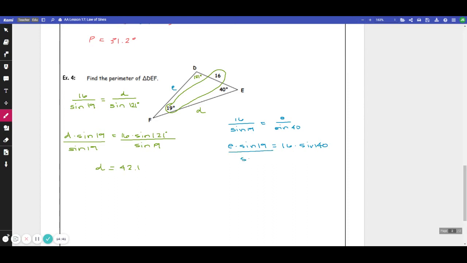And divide. So then the final part, find the perimeter. That means add all 3 of the sides together. So 16 plus 31.6 plus 42.1. The perimeter is 89.3.